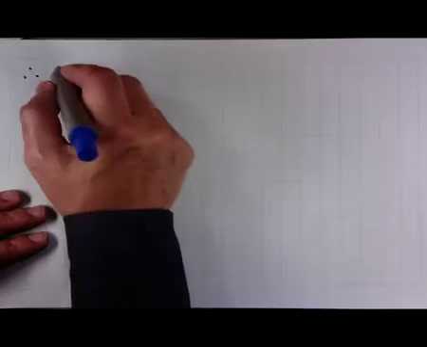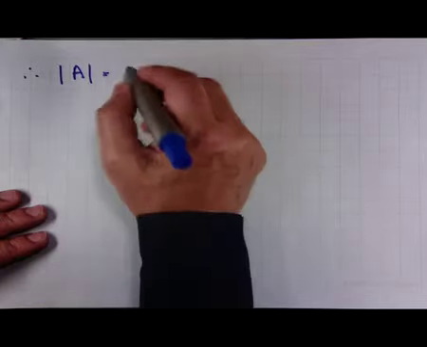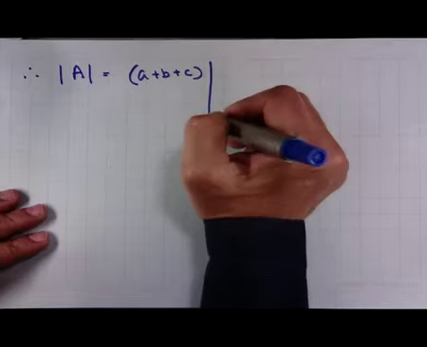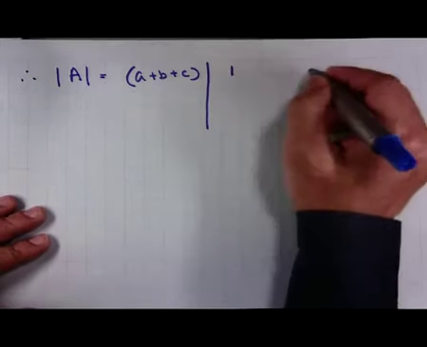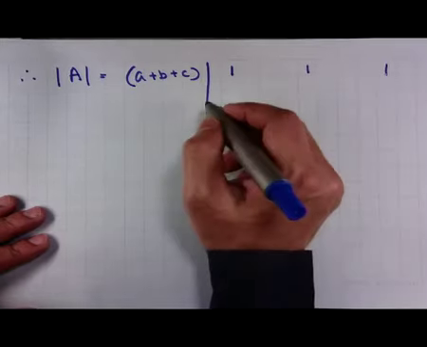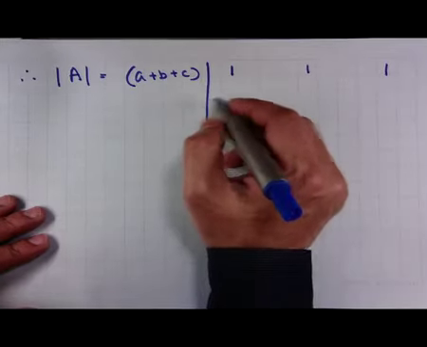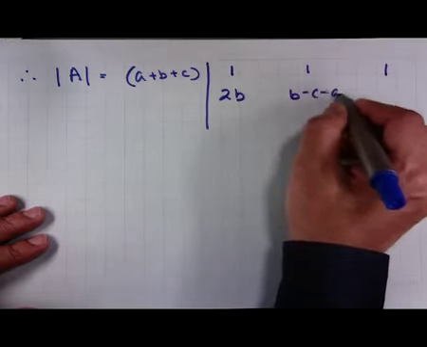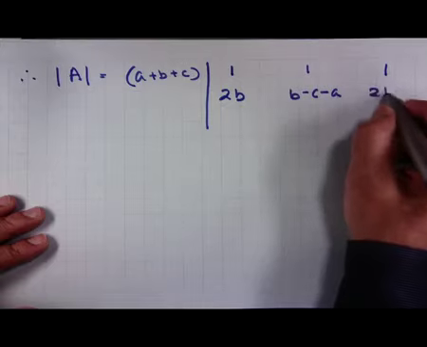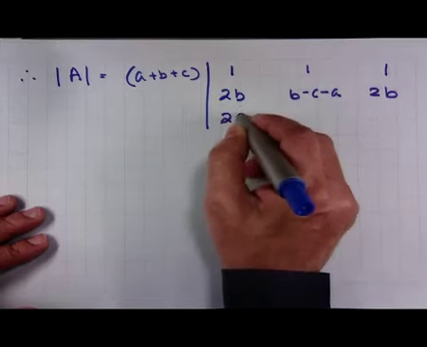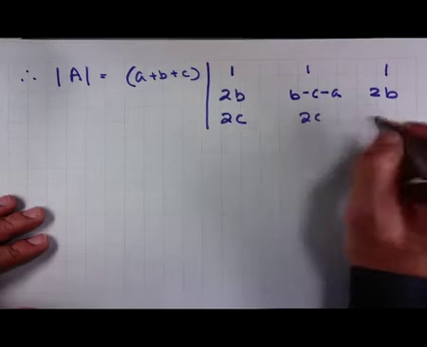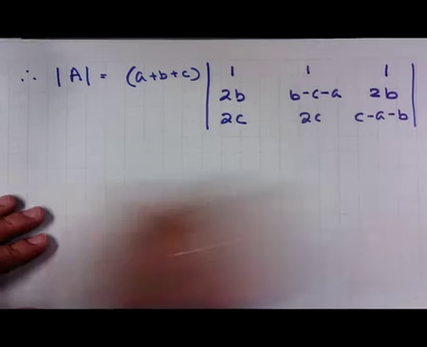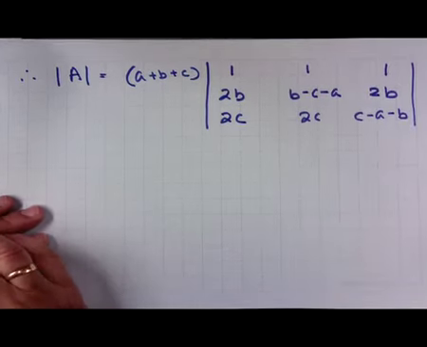Therefore, determinant of A is equal to a plus b plus c into determinant of 1, 1, 1, 2b, b minus c minus a, 2b, 2c, 2c, c minus a minus b. Now, what do I do? I will try to simplify it.